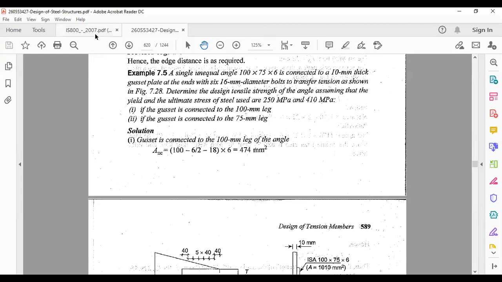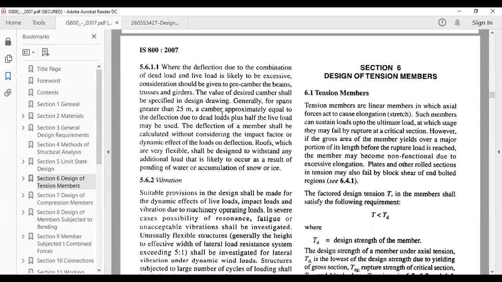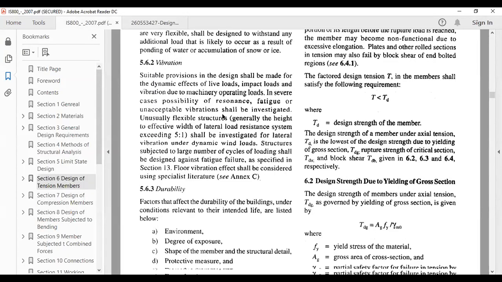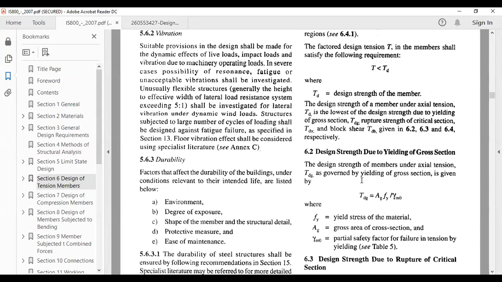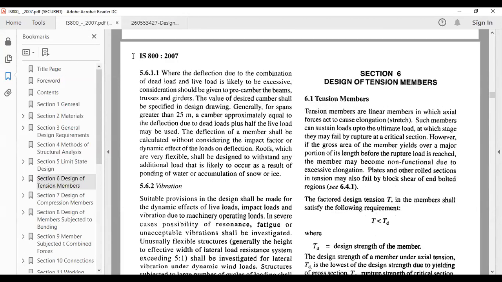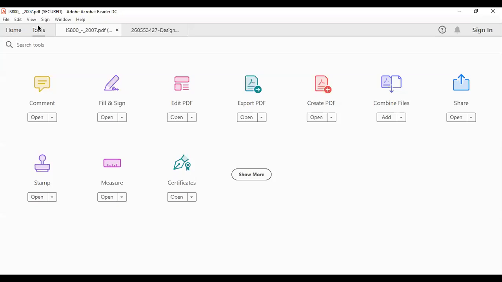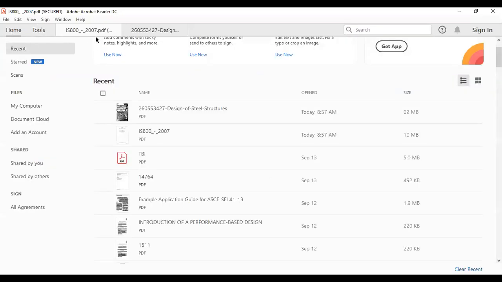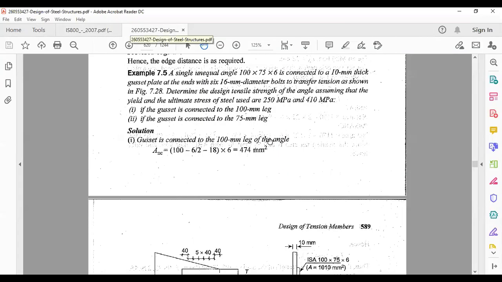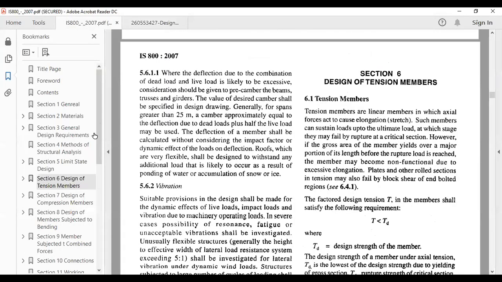What you have to take care here is you need to make sure that the member will not yield at the gross section. This is the section of IS 800:2007 which guides us in designing a tension member. For design of tension member, you need to check it for 3 different criteria.